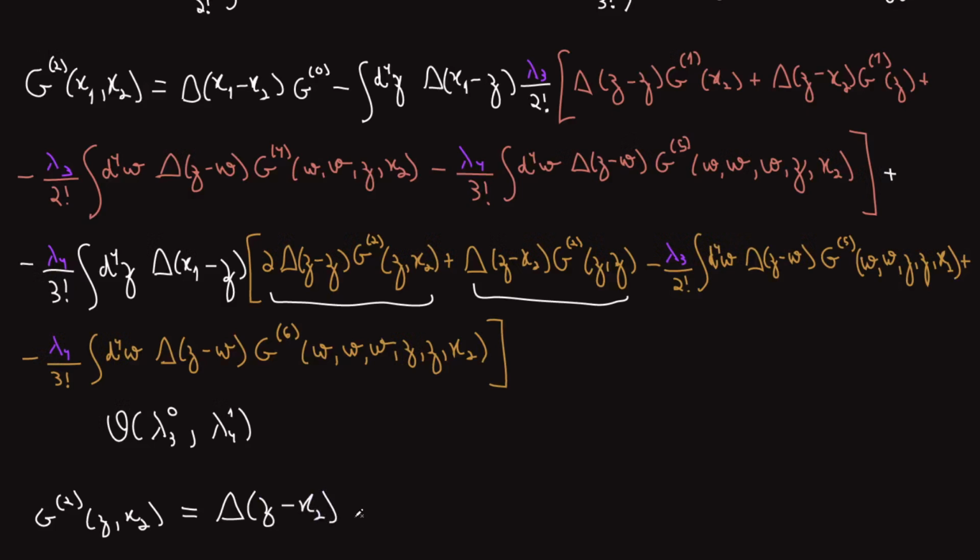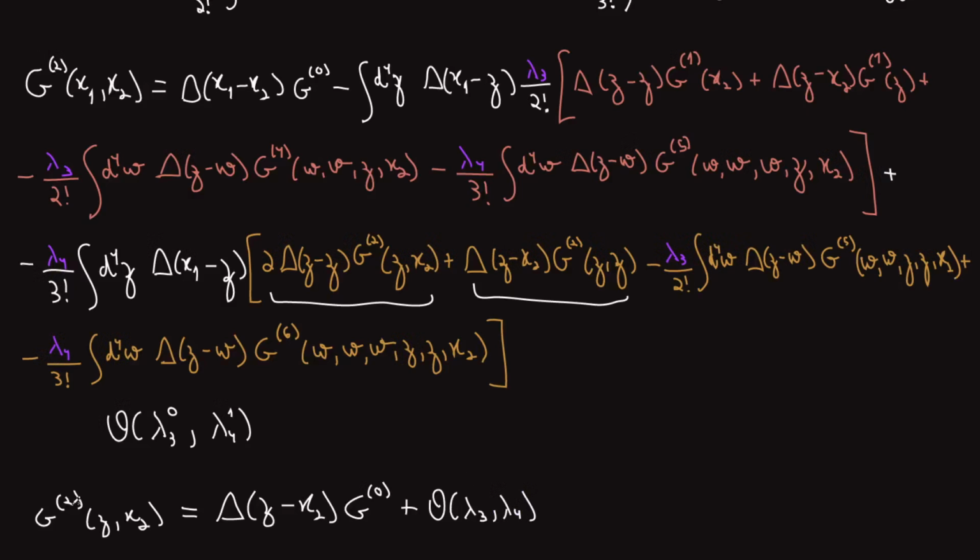Again, I'm using the Dyson-Schwinger equation, G0 plus, this is that first part that is always there, just connect these two points and write the Green function. And then there's the part that depends on lambda 3 and lambda 4, that will be at the very least linear in lambda 3 and lambda 4.